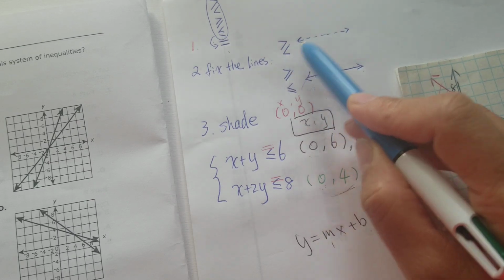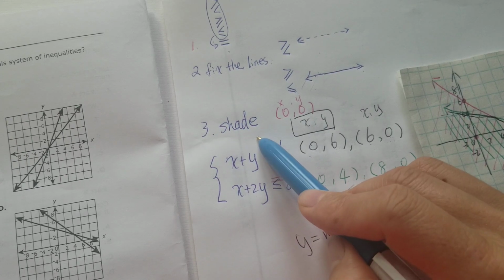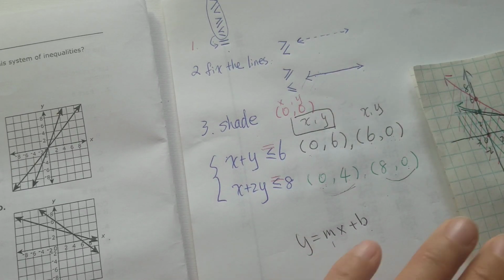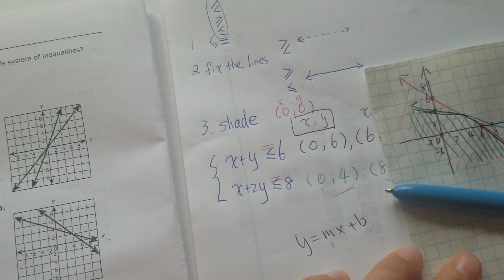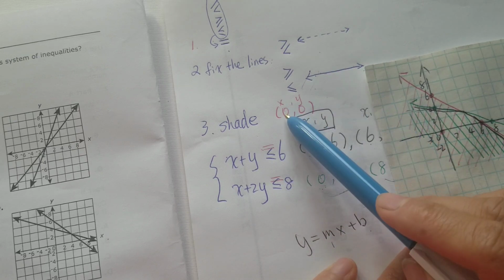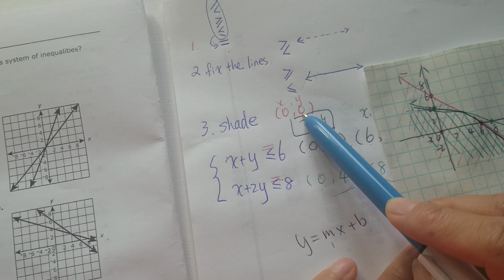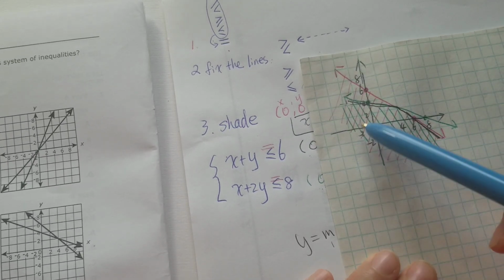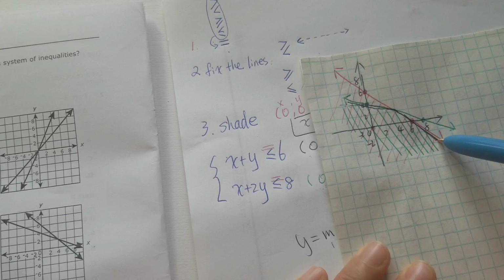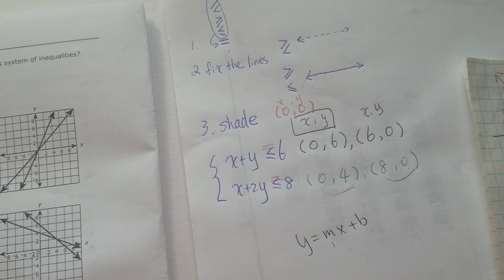If you do not, use a dotted line. Last step, shade it. Either you shade above your graphing line or below your graphing line, which depends on what kind of sign you have. Make a guess and use the 0 point to confirm your guess, and then shade it. The overlapped area is your solution area. This is all for question number 3.